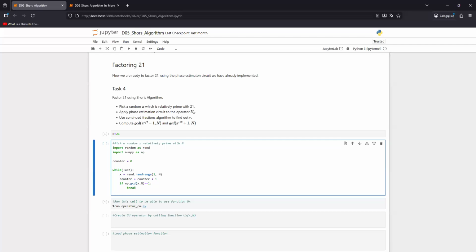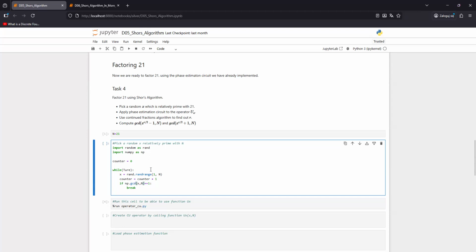Then we need to use Shor's algorithm. If this is not met, then instead of picking another x, we should end the whole algorithm and just proceed to calculating the greatest common divisor, which will give us p.